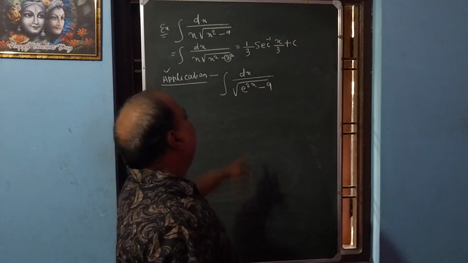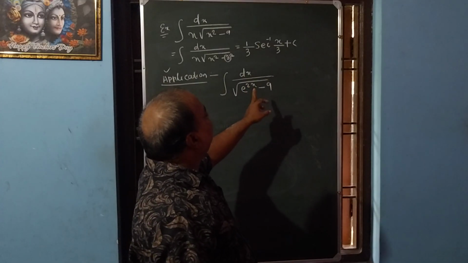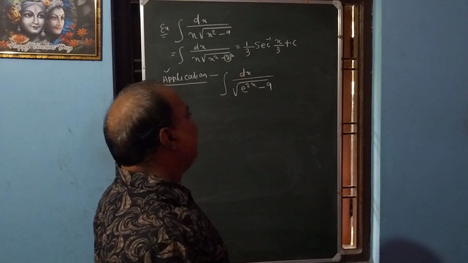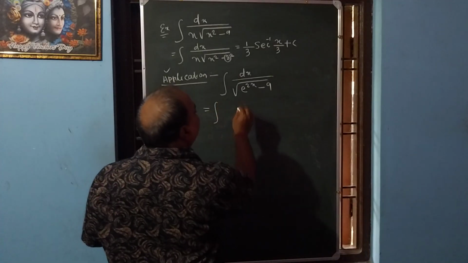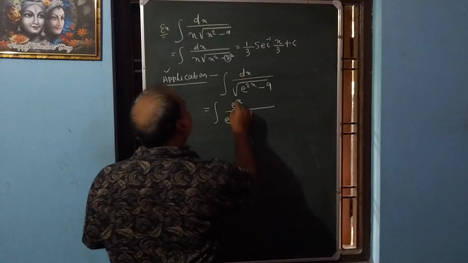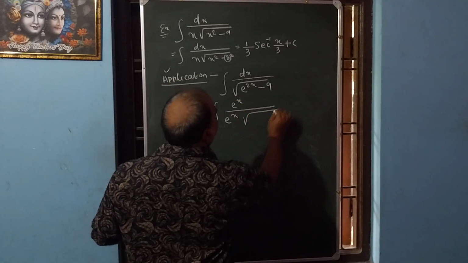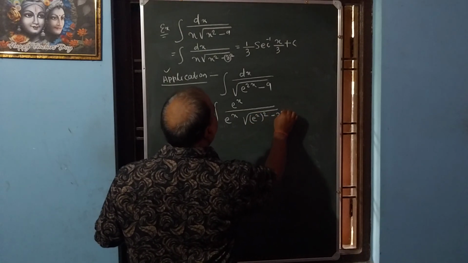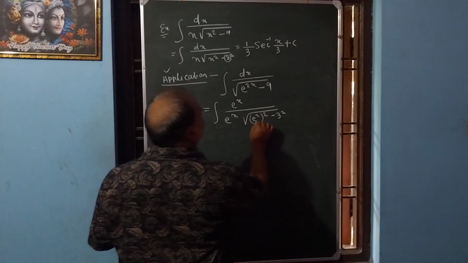When we take e to the power x, its derivative is e to the power x, but there is no e to the power x term in the numerator. So first of all, you have to multiply and divide by e to the power x in the numerator as well as the denominator. Then e to the power x whole square minus 3 square. Then you have to take e to the power x as t.